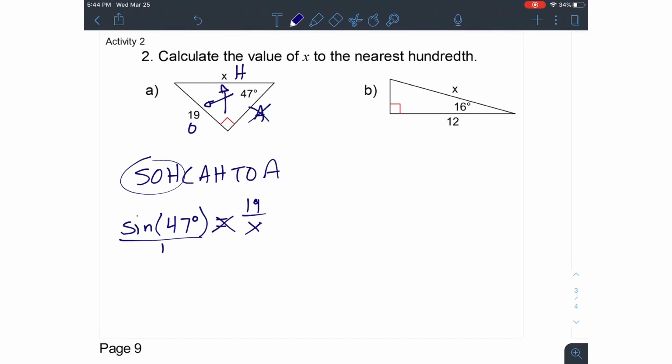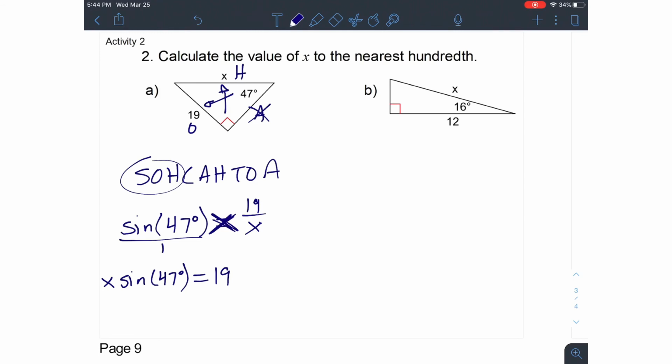This was the big thing that people really struggled with when I taught this in other schools. A lot of people would still tell me it's 19 times sine of 47. That's not correct. And I had the most luck fixing that mistake by telling people to cross multiply, because they realized then, oh, it's 19 times 1, which is 19, and then the other one was x times sine of 47 degrees.